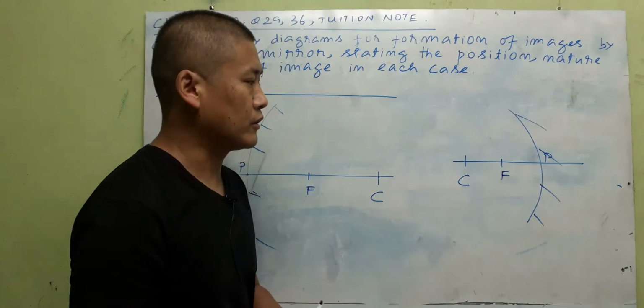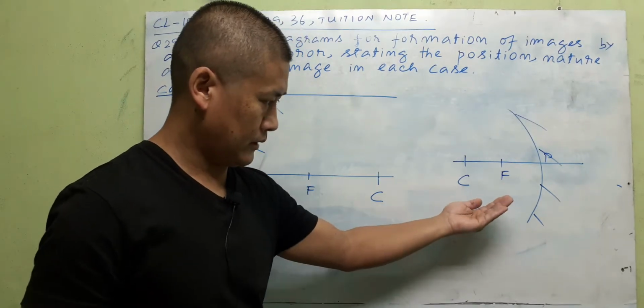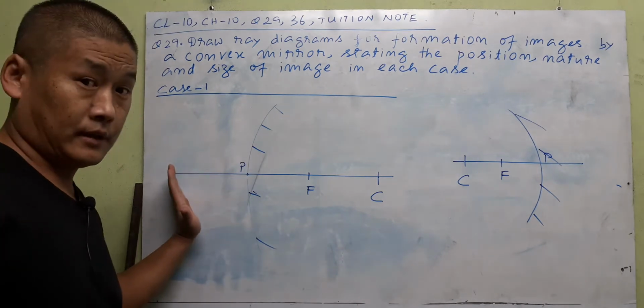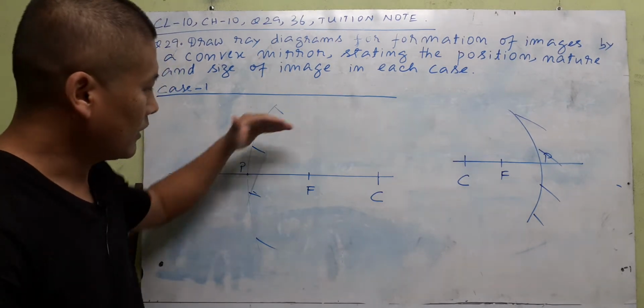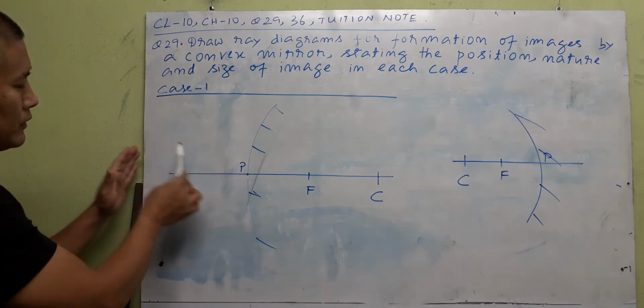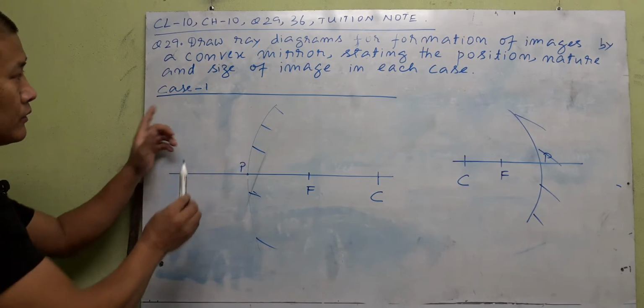Six positions were possible because F and C were on the left side. But you will notice that F and C are not on the left side this time, not on the reflecting side; it's the back side. So we have only 2 positions: at infinity, and between P and infinity. So we'll have only 2 cases.